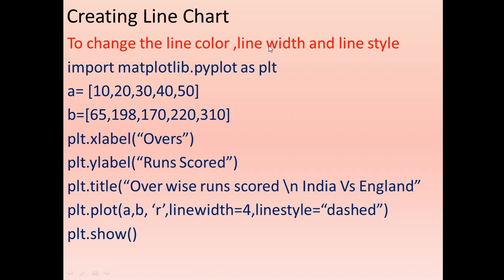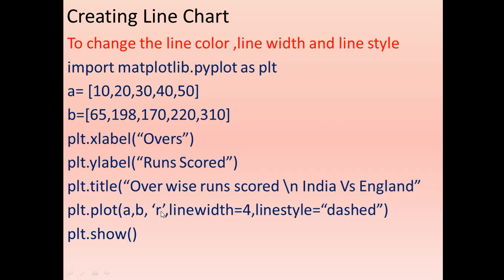As you can see here, plt.plot(a, b) gives the x and y value coordinates, and 'r'. Here I have specified r after the comma. So this is the first argument of the plot, and this one is the second argument. The minimum requirement for plotting is these two arguments, and additional ones according to the question.